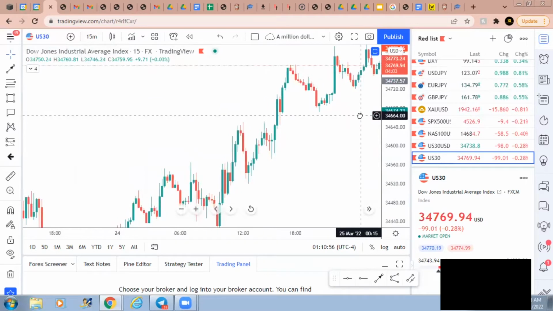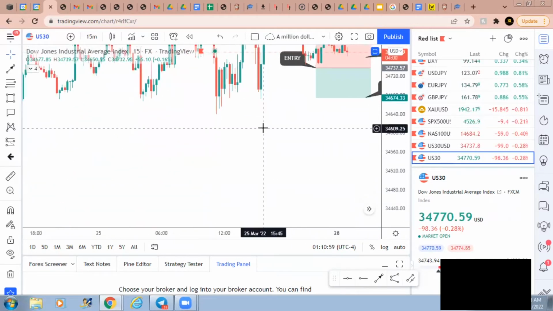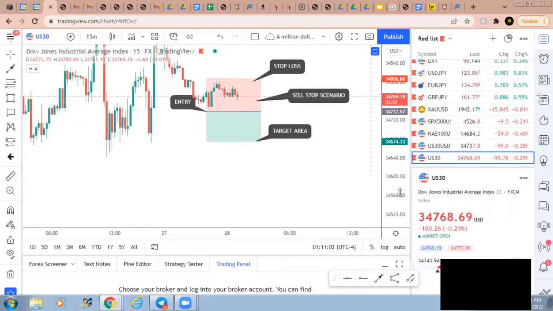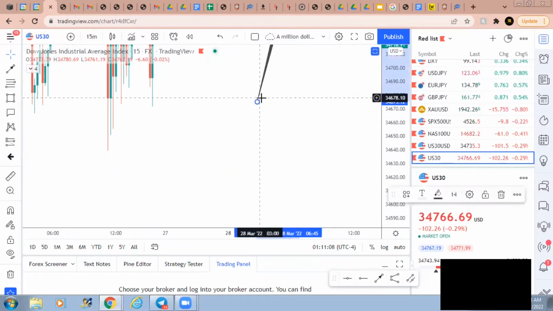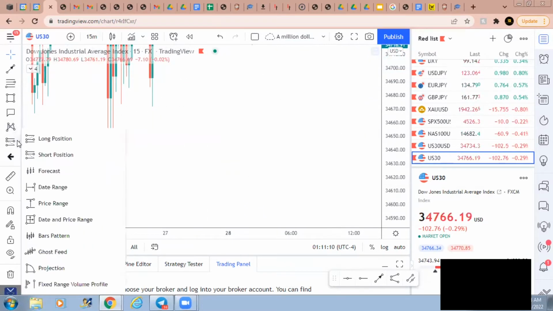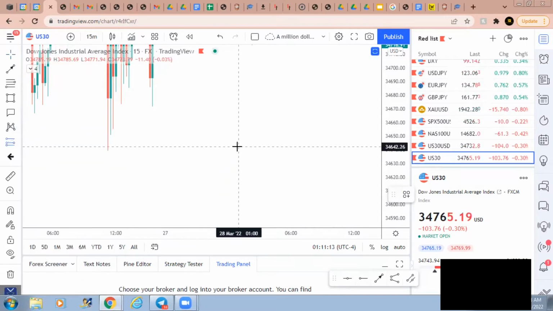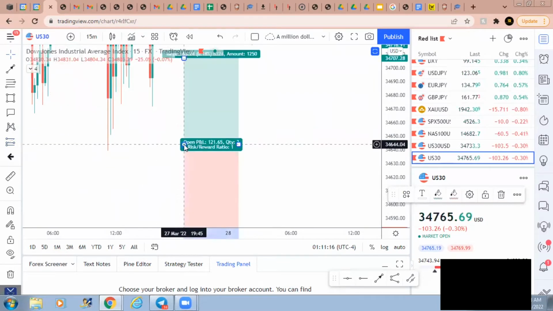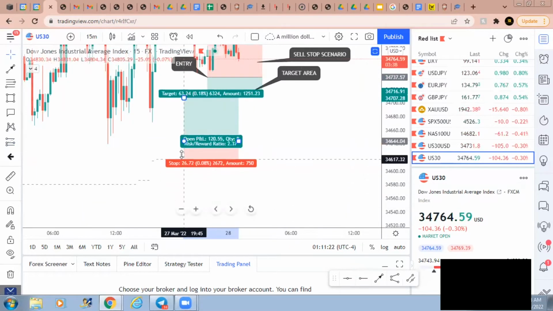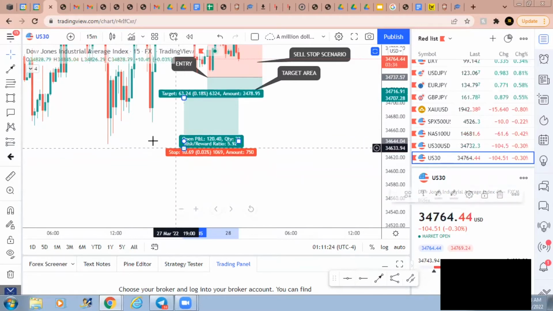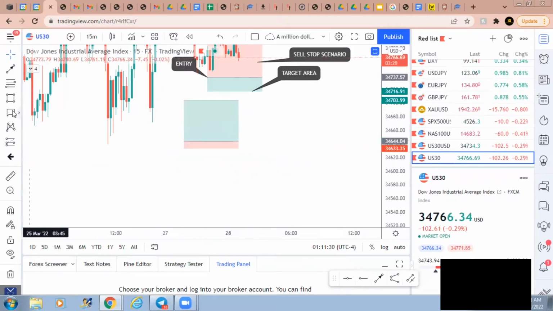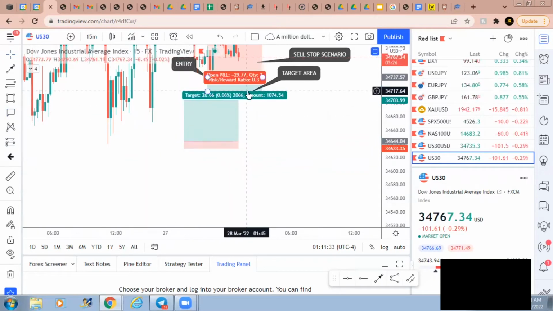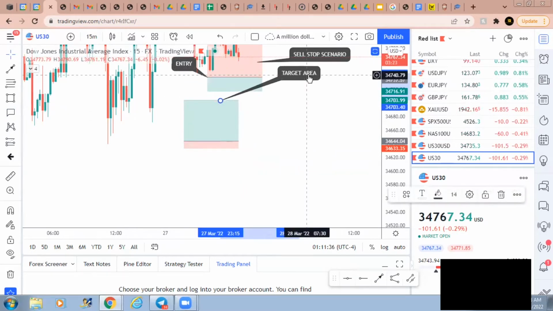Let's say, for example, you place buy limits. Let's say you want to buy when price gets all the way down here. For a buy limit, you're using a long position because you're buying. Let's say I want to buy down here at 34644.04. I place my stop loss below the wick, and I place my TP right here. That's my target area.